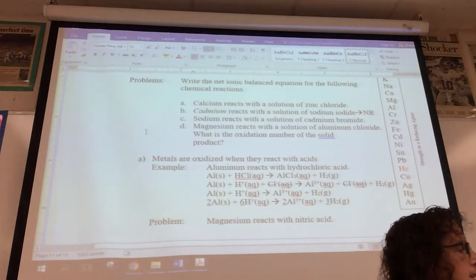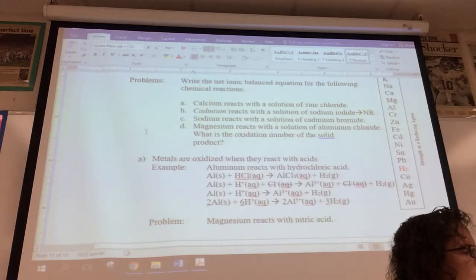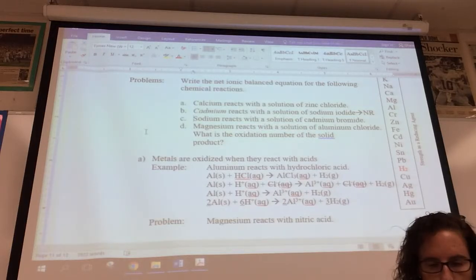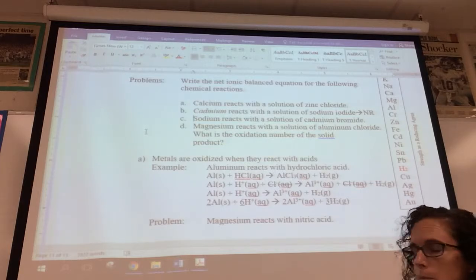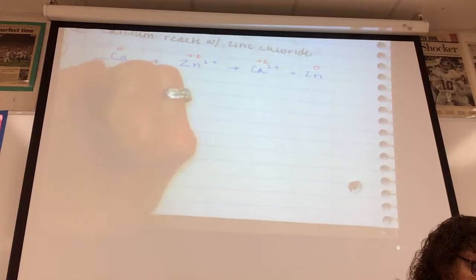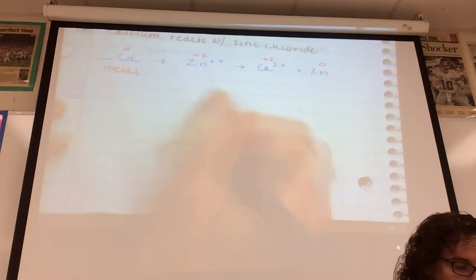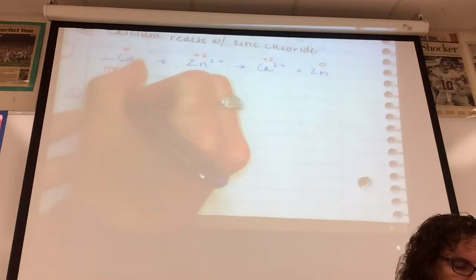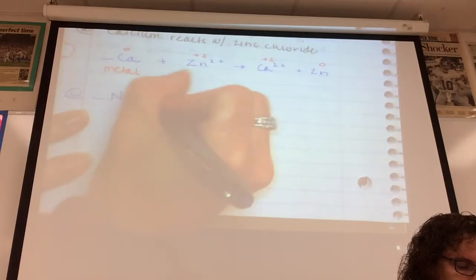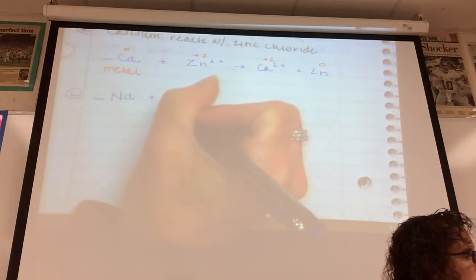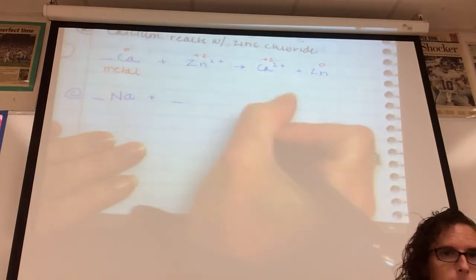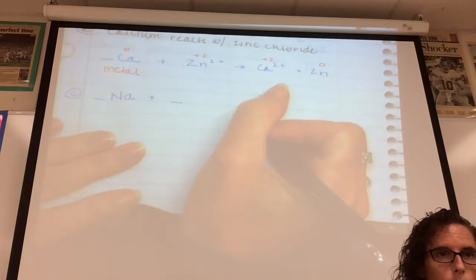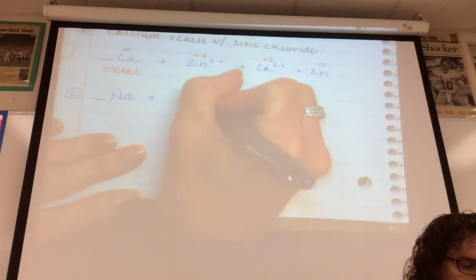Let's take a look at C. It says sodium reacts with a solution of cadmium bromide. How do we write sodium? Na. Cadmium bromide. We're going after the cadmium ion.